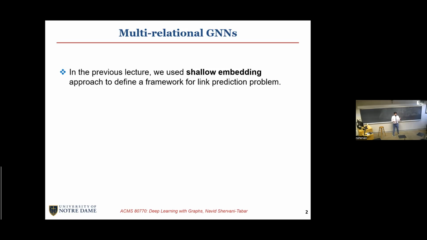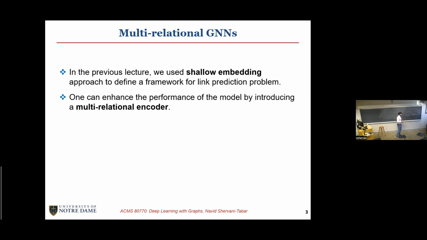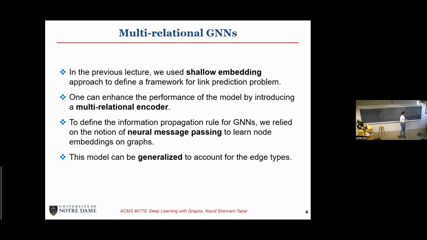In order to train and learn different knowledge graph embeddings, or in general, multi-relational graph embeddings. In the previous session, we went over a number of decoders, but we used shallow embedding, right? So that means that we don't have an encoder. Now we can enrich this model if we introduce some encoder, instead of just having a dictionary lookup. But so far, what we have studied on graph neural networks have been propagation rules based on neural message passing over nodes, right?